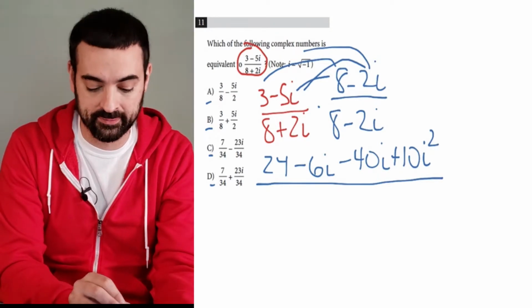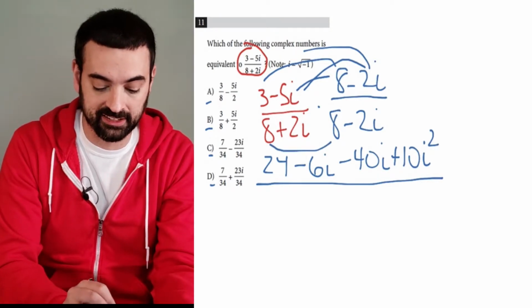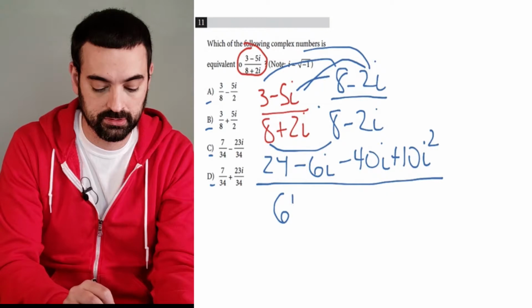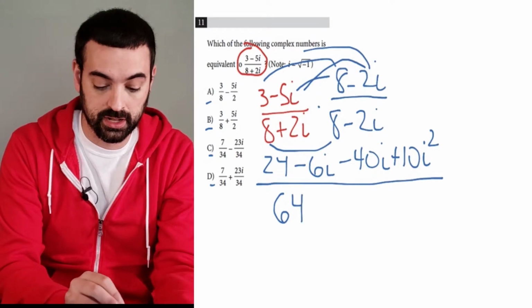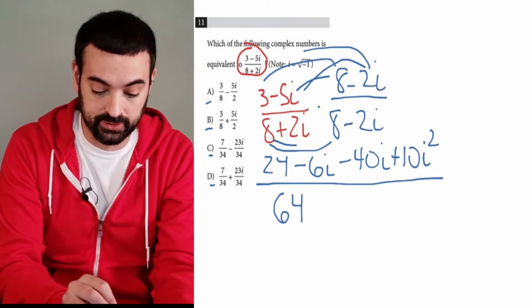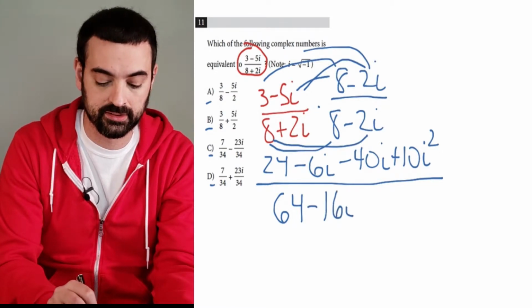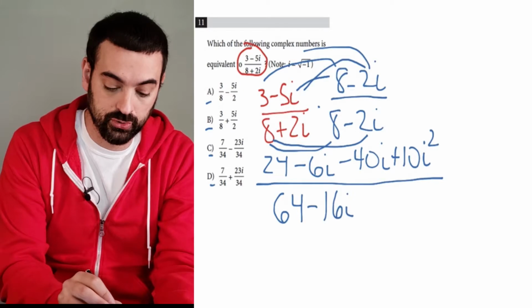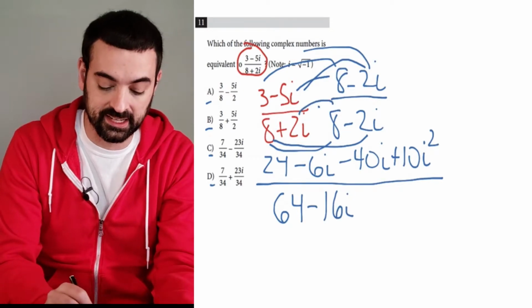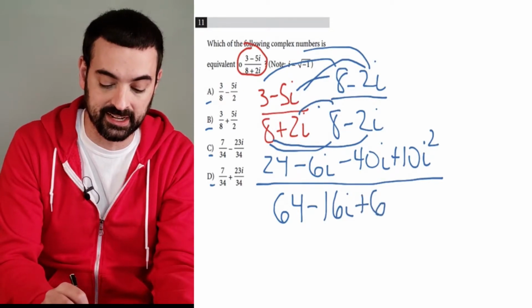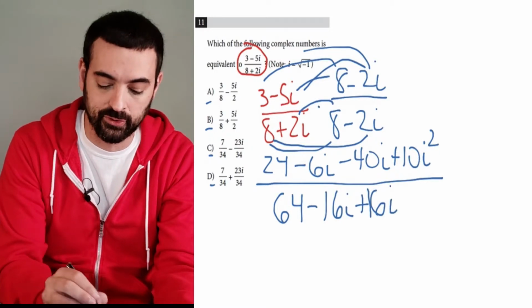Now we're going to FOIL the bottom. 8 times 8 is 64. 8 times -2i is -16i. 2i times 8 is +16i. You might see that we're going to cancel those. That's going to be a nice thing for us.